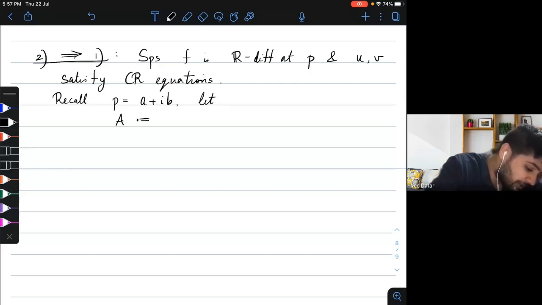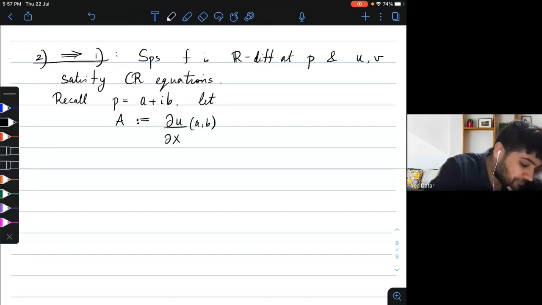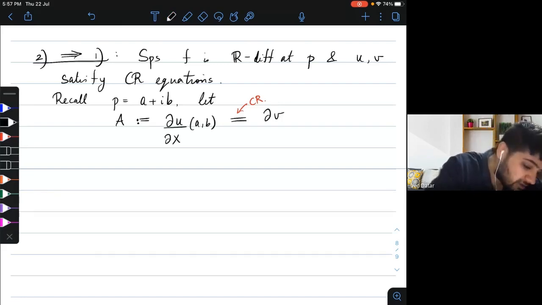I'm going to define this capital A as del u by del x at (a, b), but by the Cauchy-Riemann equations, this is also equal to del v by del y at (a, b).